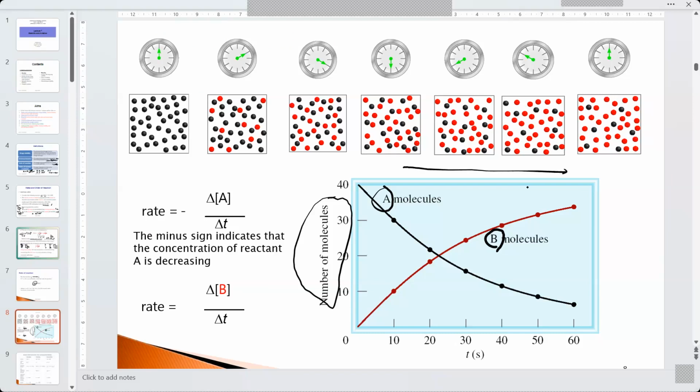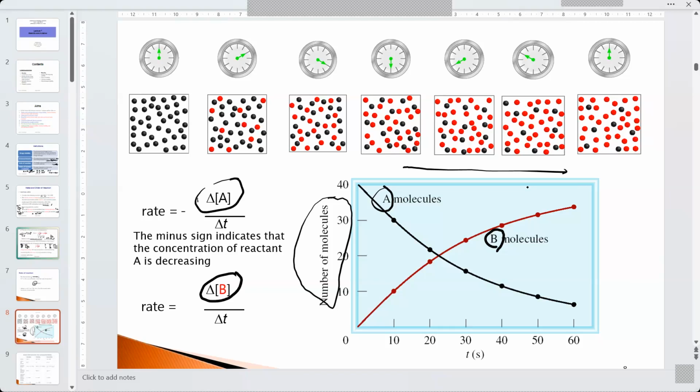So when you plot the amount versus time, you can see that the reactant, the drug, is decreasing and the product is increasing with time. So the rate of reaction can be the change in amount of drug with time or the change of the product with time. The drug is decreasing, so it has a negative sign. The product is increasing, so the rate has a positive sign. Okay.